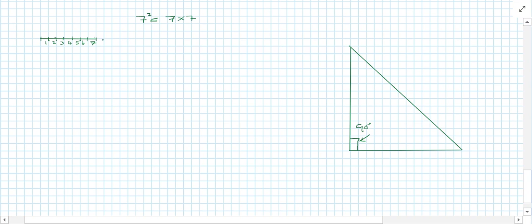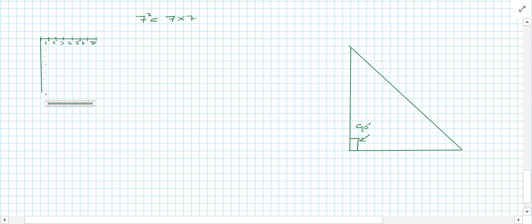And this is something that's really important, that Pythagoras knew as well. When we square something, what that actually means is that we are creating a square.